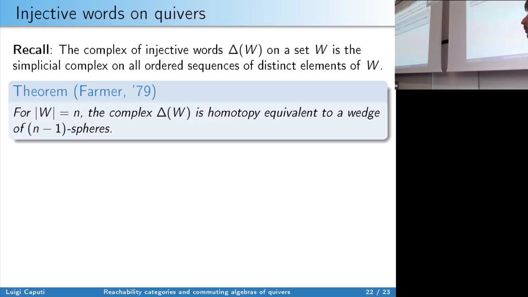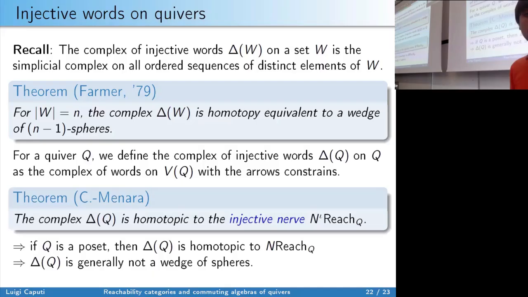And this simplicial complex was shown by Farmer to be basically a wedge of spheres. The number of spheres is related to representations of the symmetric group, but I'm not going to use this fact.